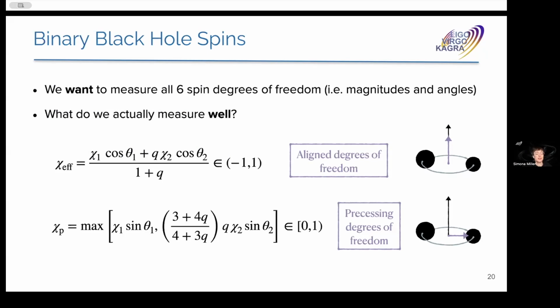However, these are actually not the parameters that most impact our data. So we also look at these effective spin parameterizations, which we can measure better: chi effective and chi p. The equations are given here, but the summary is that chi effective characterizes how aligned those spins are with the orbital angular momentum, while chi p defines how misaligned they are, leading to precession of the orbital plane.